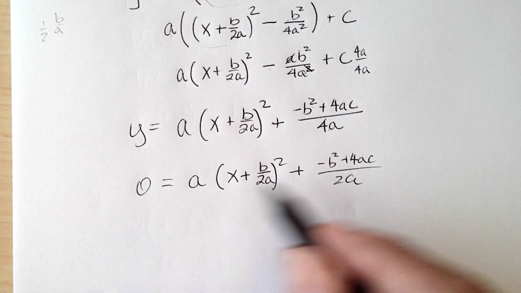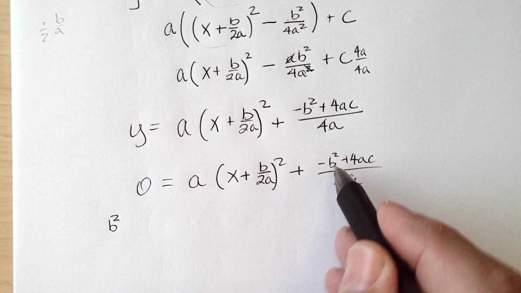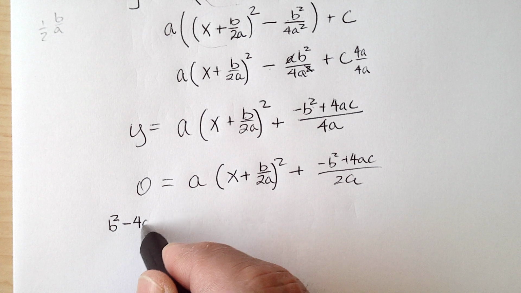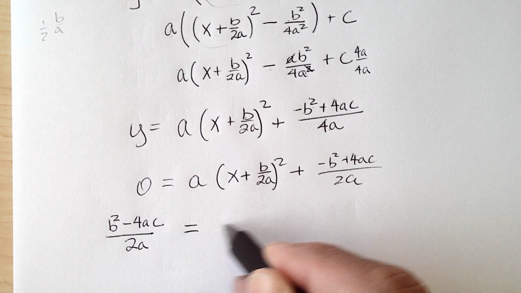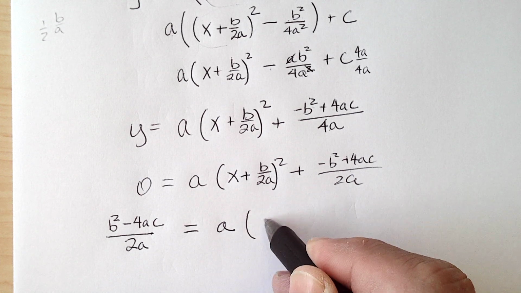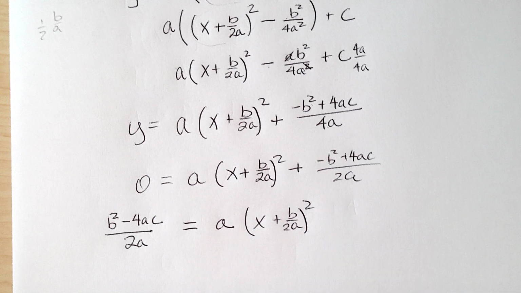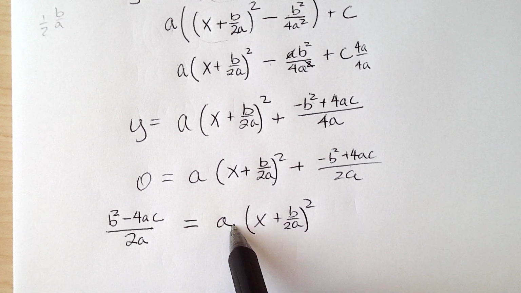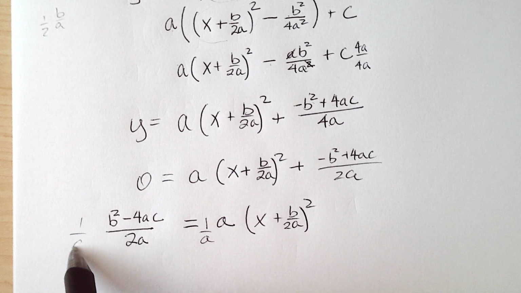So it's going to be, if I'm subtracting this, I'm going to have to add b squared and subtract 4ac over 4a equals a times x plus b over 2a. I'm going to divide by a, or multiply by 1 over a.